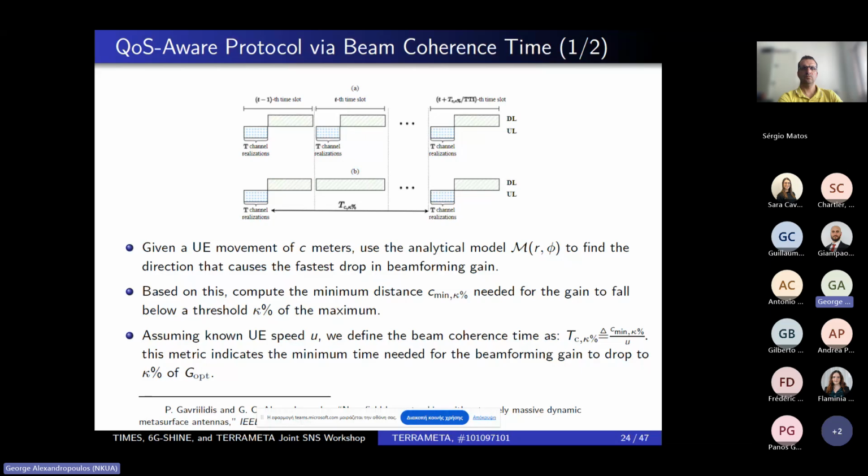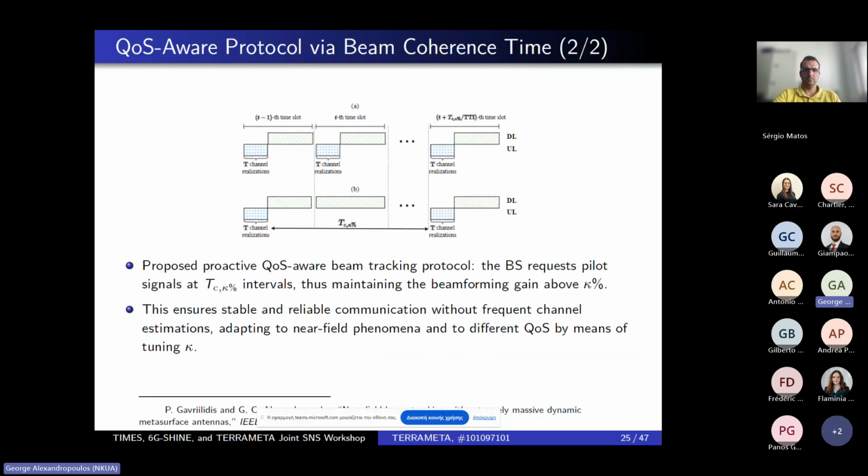This is a metric that the BS can hold, and it gets dynamically updated, indicating the next time interval where you will drop below a certain threshold, which means that again you need to ask for CSI and do this tracking, changing the beam at the end of the day. So this overall approach is a proactive QoS-aware beam tracking protocol, where the base station requests pilots when this beam coherence time elapses, which, as I said before, is dynamically changing, thus maintaining the beamforming gain.